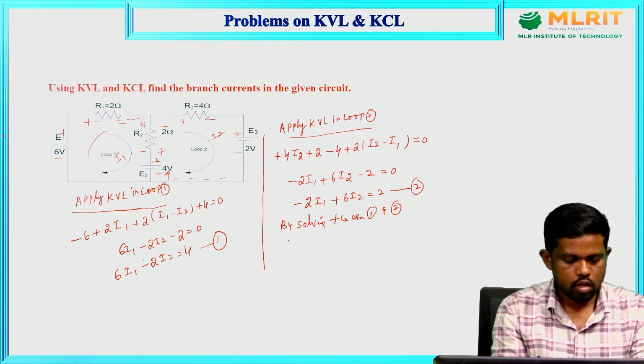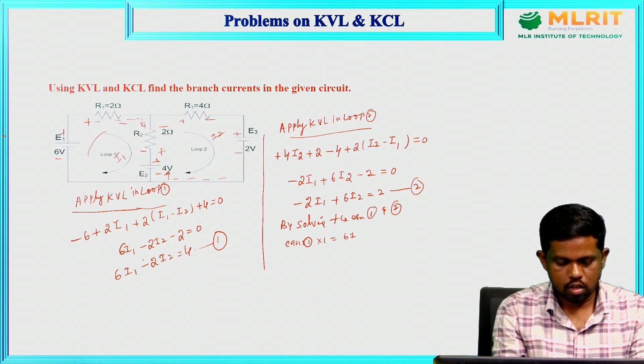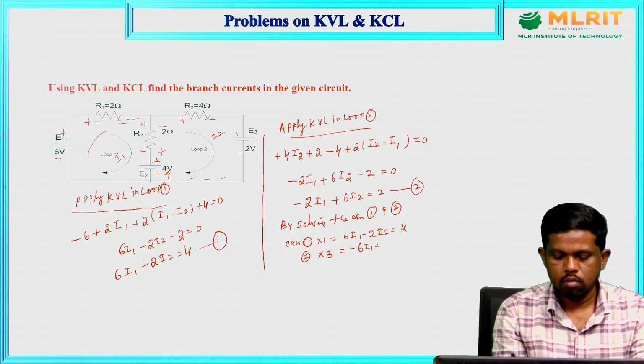For that we need to do some simplification here. Equation number 1 multiplied with 1, we will get 6I1 minus 2I2 equal to 4. Then equation number 2 multiplied with 3, we will get minus 6I1 plus 18I2 plus 6.